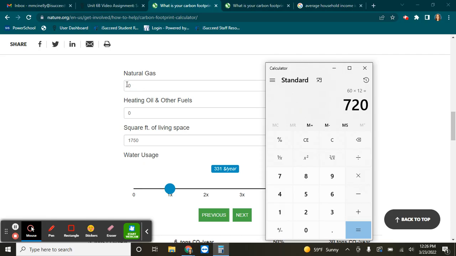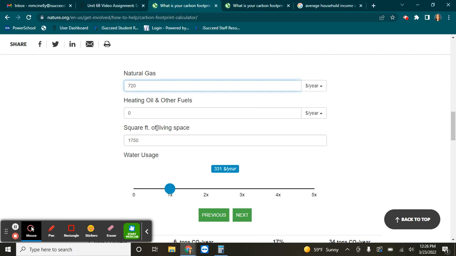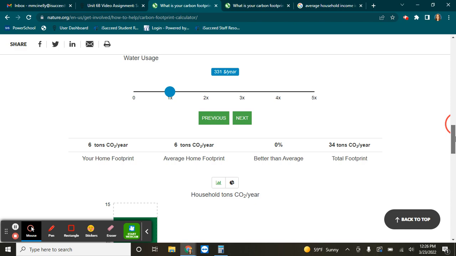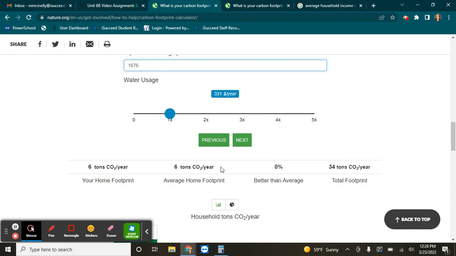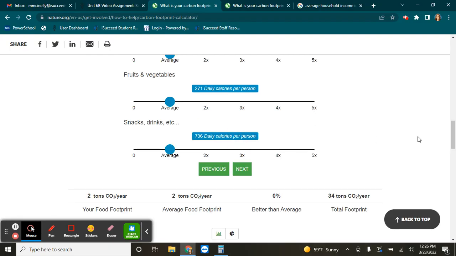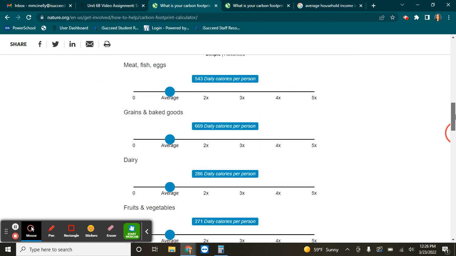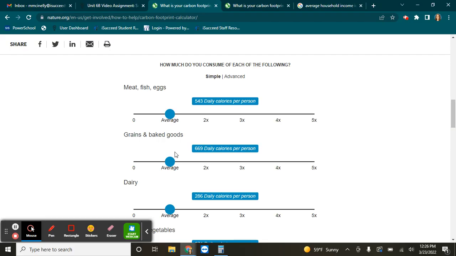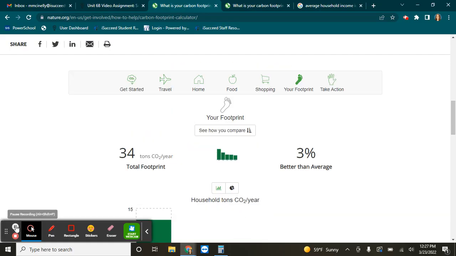So $720. Square foot of living space. If you don't know, you can ask. Water usage, one person. And how much do you consume each of the following? This will be different depending on each person.